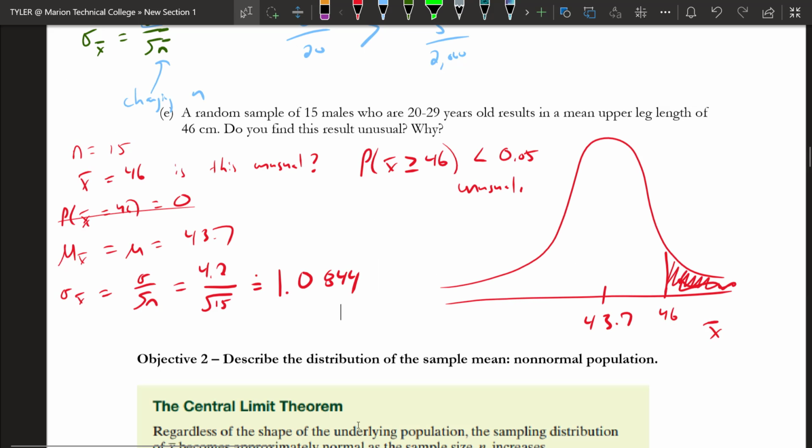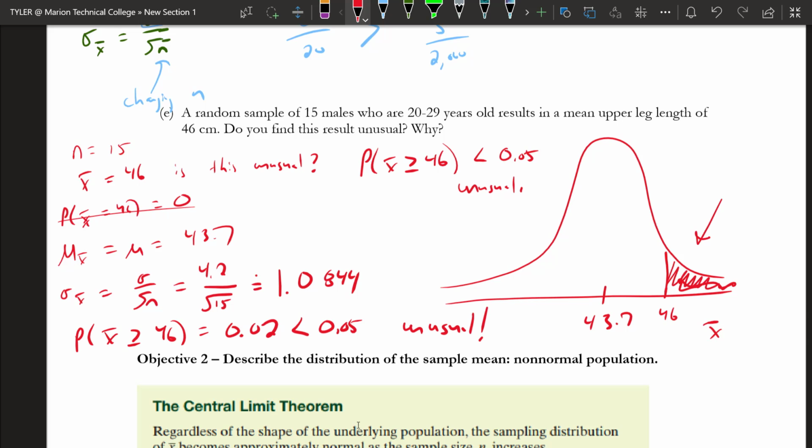So this probability that x bar is greater than or equal to 46 is about 0.02, which of course is less than 0.05. So we would conclude that this is unusual. Right? So it's very unusual to get a sample mean that high, 46 or higher.